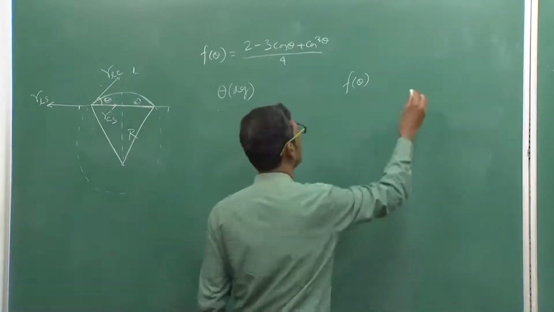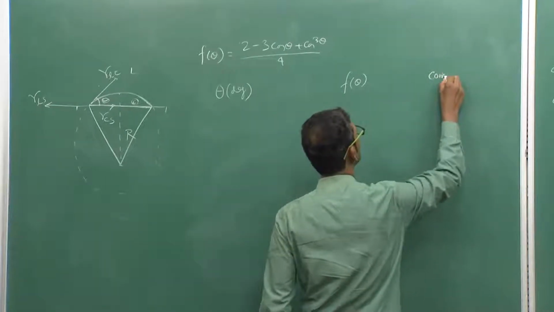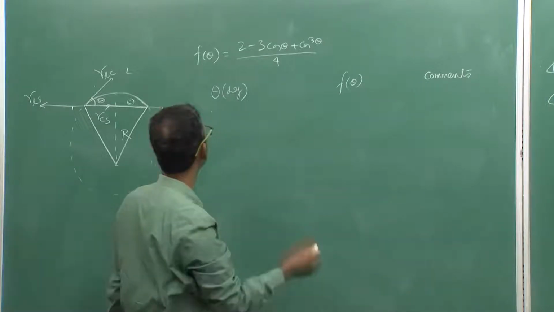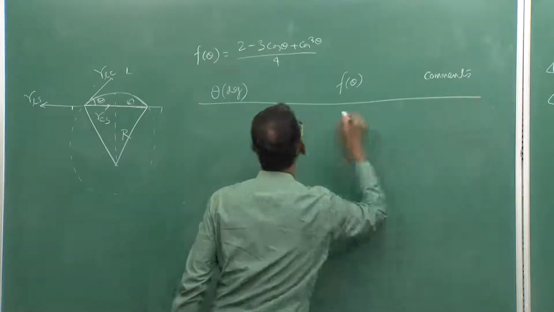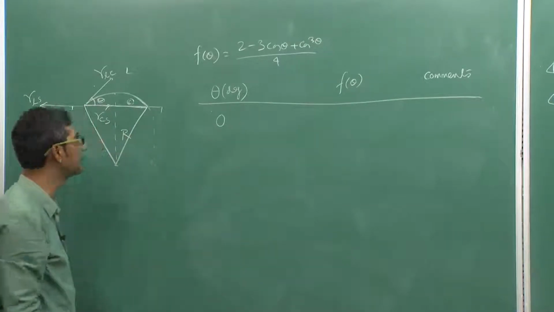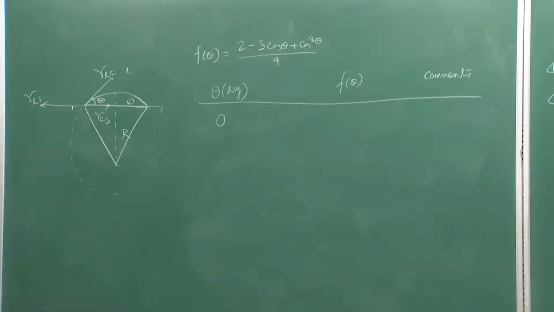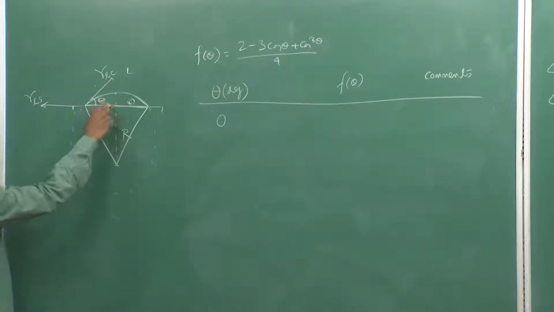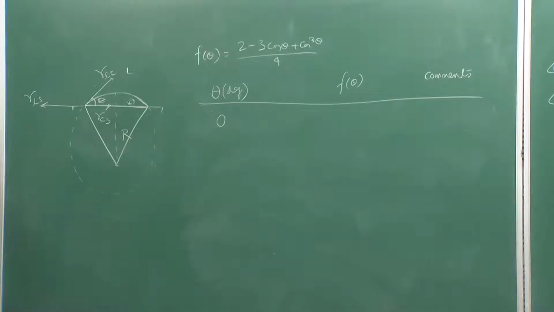These are my comments which I will write now. As you see here, when the angle is 0 degrees, what is the meaning of 0 degrees? That means complete wetting. The solid C which is formed on the surface will be completely wetting the substrate.